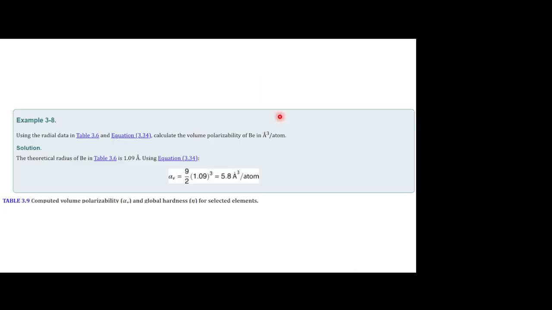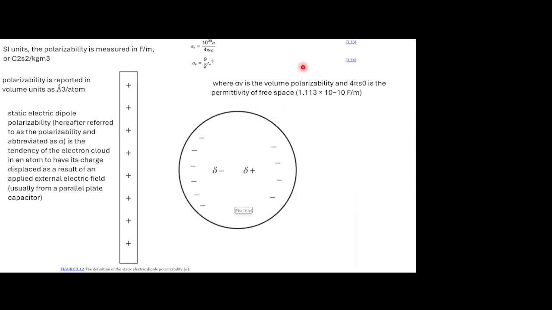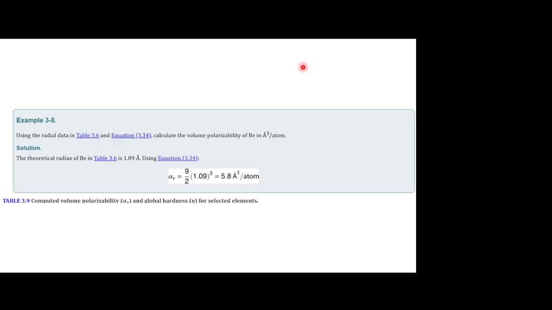Okay. Let's try it out. It's easier just to try things out, right? Actually do them. So we're going to use the radial data from table 3.6 in your book, the equation 3.34, which I put right there. And we're going to calculate the volume polarizability of Be. We're going to use angstroms to the third per atom.